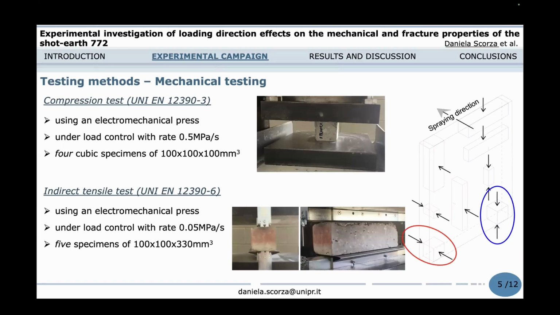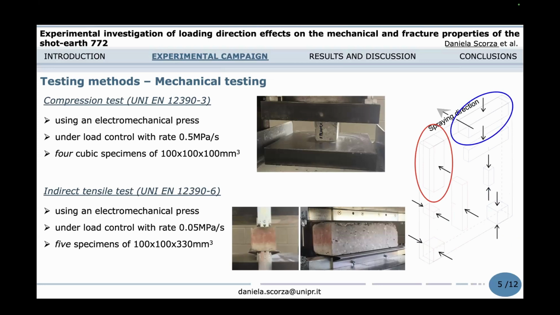For the tensile tests, they are carried out again according to the European recommendation under load control, and 5 prismatic specimens with nominal sizes 100 by 100 by 330 cubic millimeters are tested again for each loading direction.